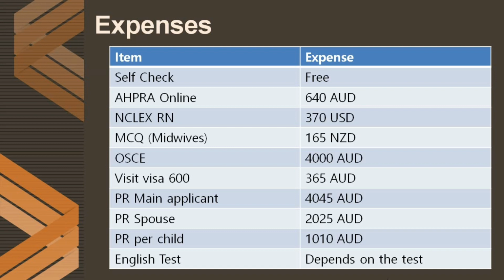For the spouse, $2,025, and for each child you have to pay 1,010 Australian dollars. Then English test, if you take IELTS, it will cost you one particular amount. If you take some other test like OET or PTE or TOEFL, it will cost you some other amount. So it depends on the test.